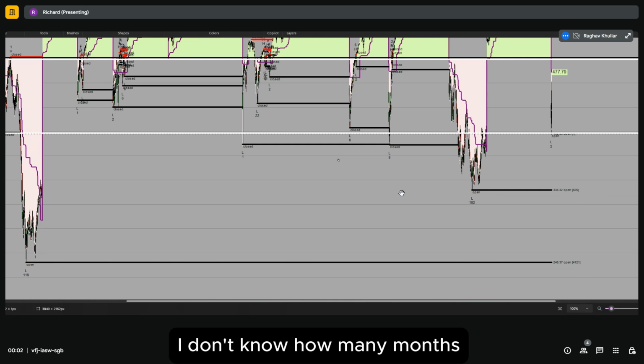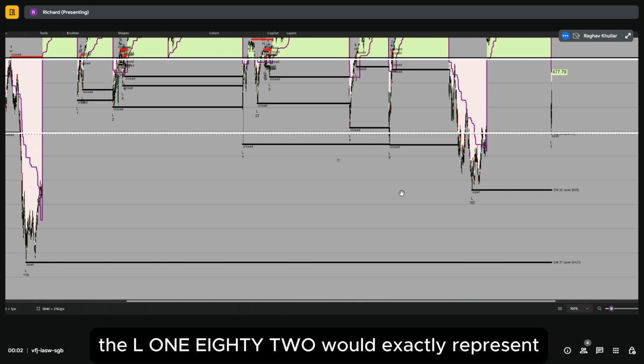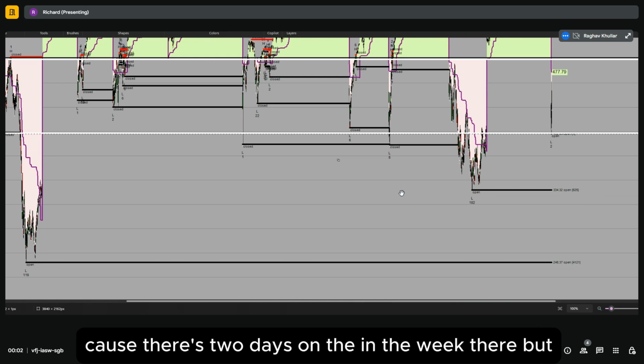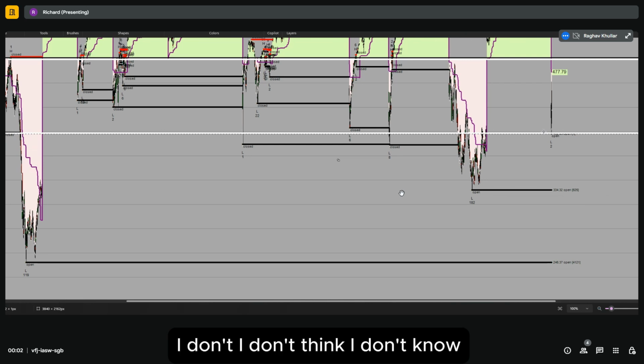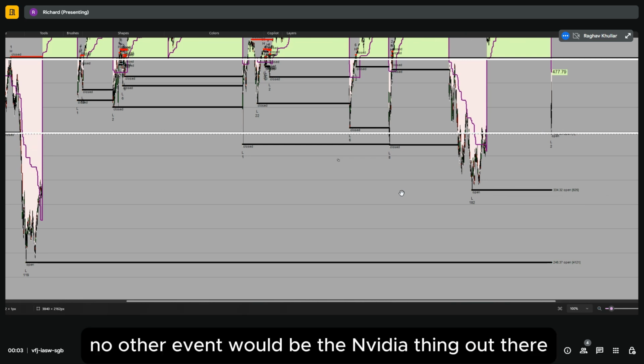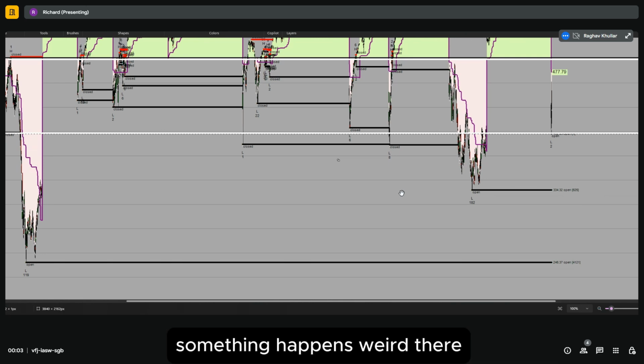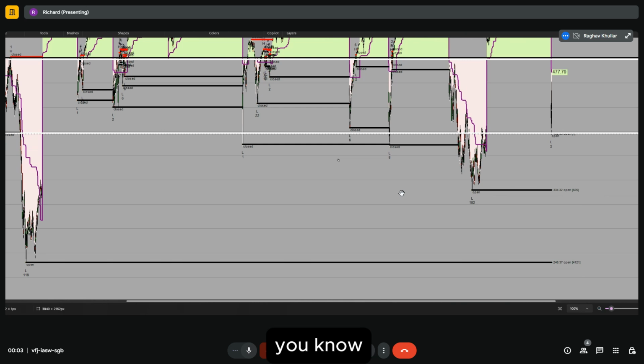I don't know how many months the L182 would exactly represent, because there's 2 days in the week there. I don't see much else wrong. The only other event would be the Nvidia thing out there. Something weird happens there.